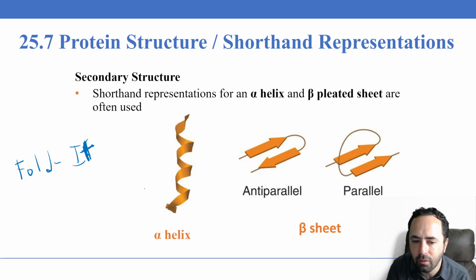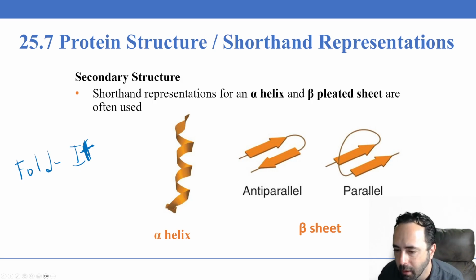In these three-dimensional structures that try to represent 3D shapes of proteins, alpha helices are generally represented by this ribbon form, and beta pleated sheets are represented by this arrow that shows the sequence of the amino acids, its direction, and representing the flat part of the beta pleated sheet.